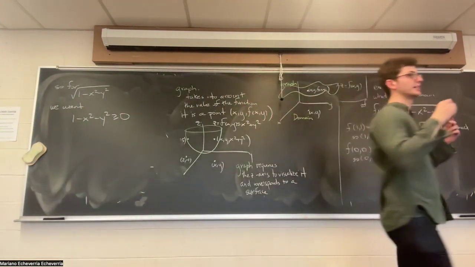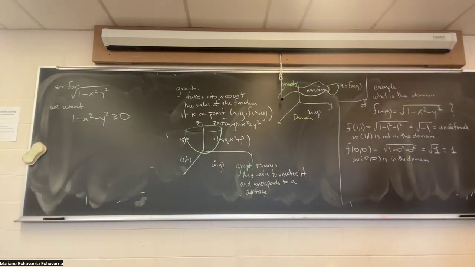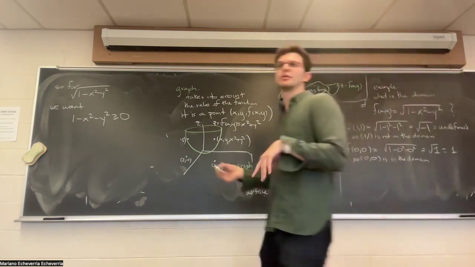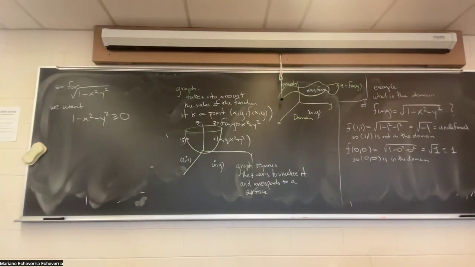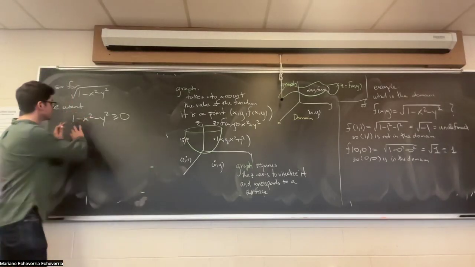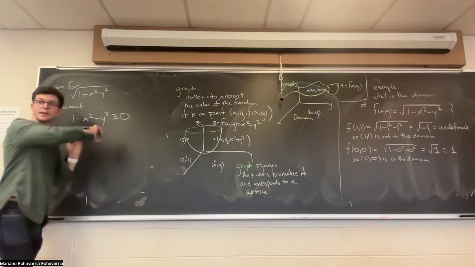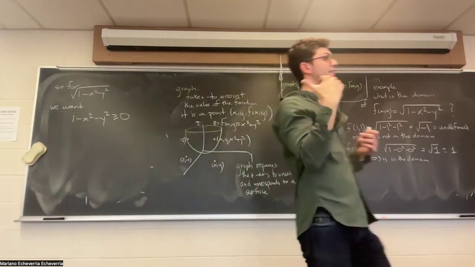Because the moment you have something inside the square root that is non-negative, then you can take a square root in the normal sense of the word and you get a value, right? So we would say that the domain consists of all the points x comma y that satisfy this inequality.